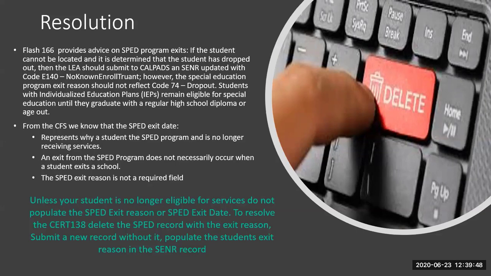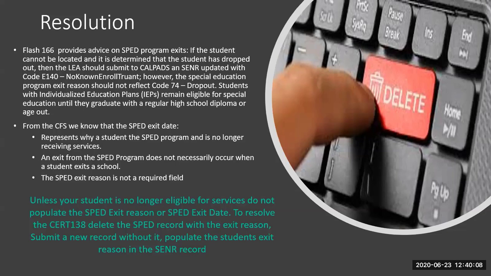However, the special education program exit reason should not reflect code 74, dropout. Students with individualized education plans, IEPs, remain eligible for special education until they graduate with a regular high school diploma.